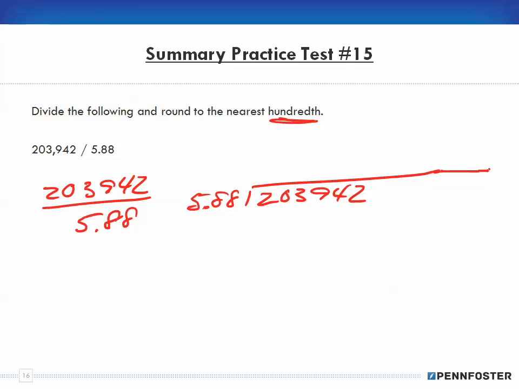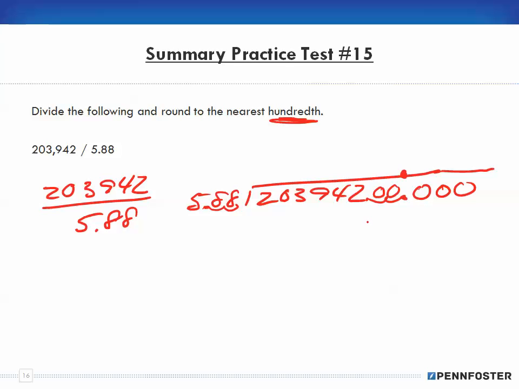Now this is what I mean by concepts. First, I know I'm going to round to the nearest hundredth. Also, I need to move the decimal 2 places, so that puts my decimal in my answer right there, and I have to round to the nearest hundredth, so I'm going to end up with 3 positions here.